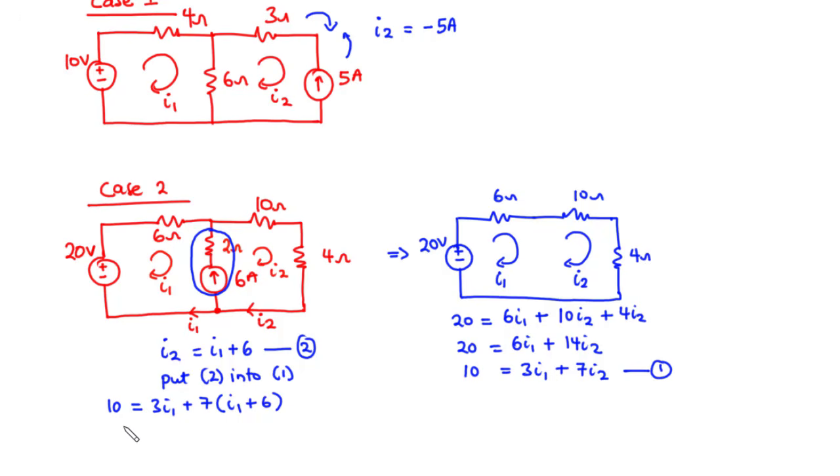So let's expand the equation. We have 10 equals 3I1 plus 7I1 plus 7 times 6, we have 42. Let's transpose 42 to the left hand side. So that becomes 10 minus 42, which is equal to negative 32. And that's equal to 3 plus 7 is 10. So we have 10 I1.